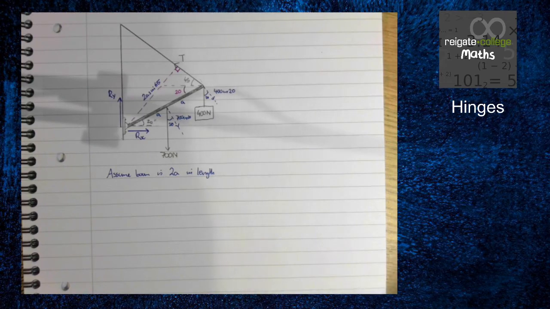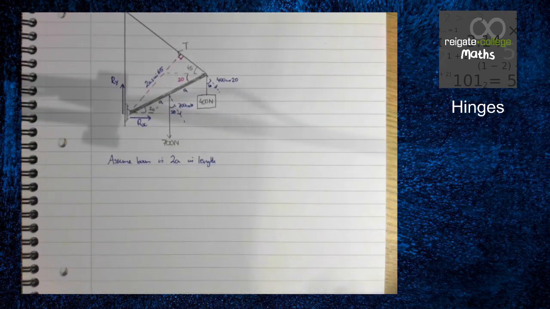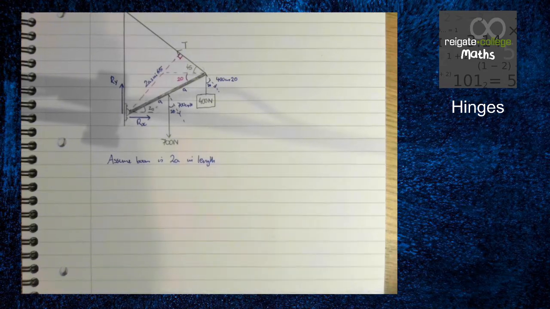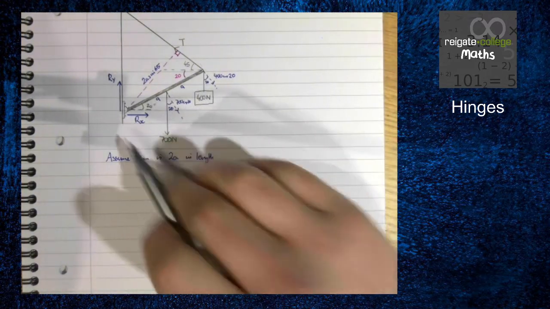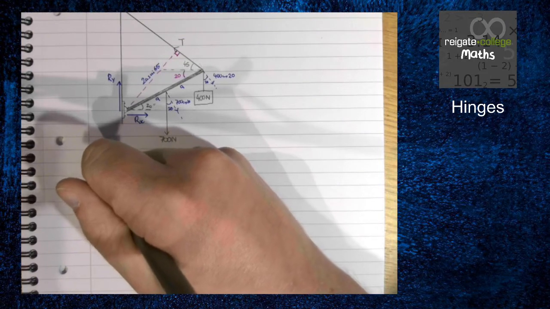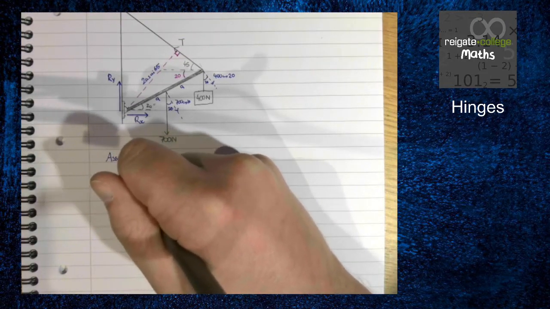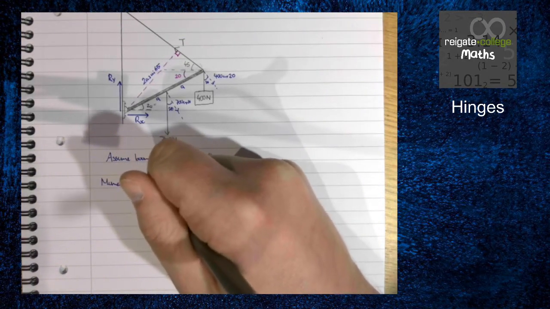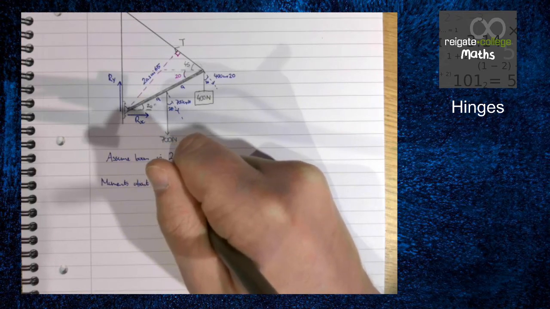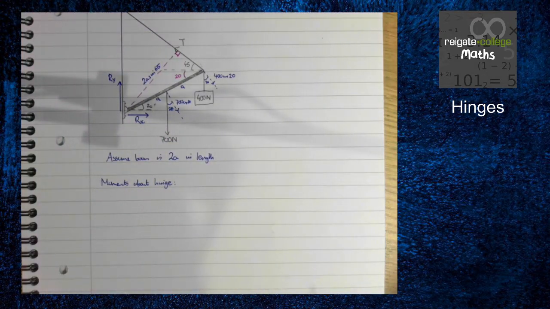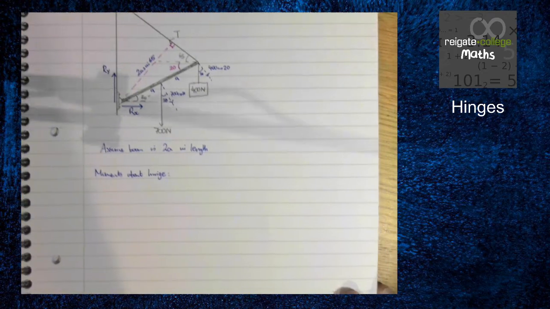Once you've got that, this question is now pretty much exactly the same as what we were doing. We'll take moments about the hinge to find T, then resolve forces to find R.